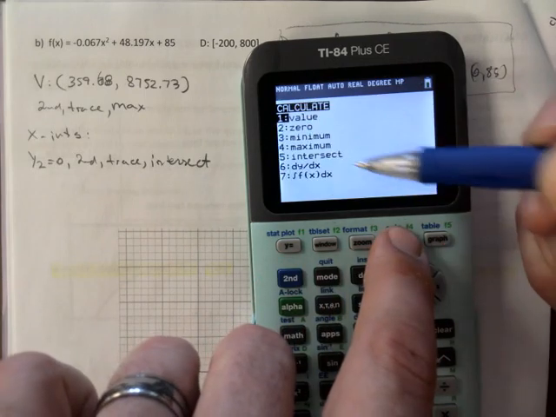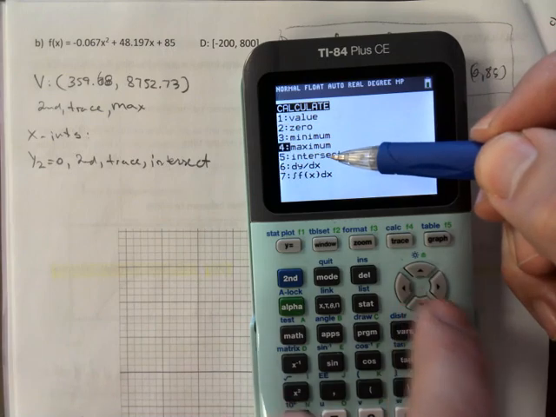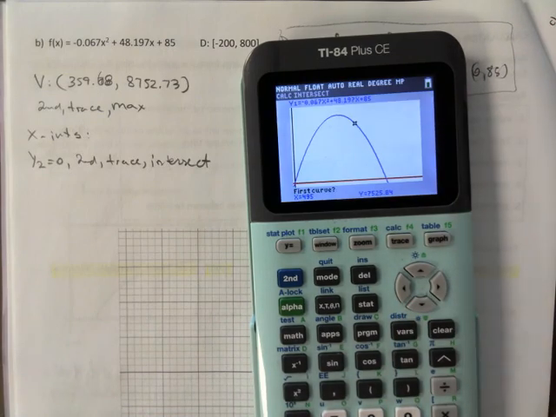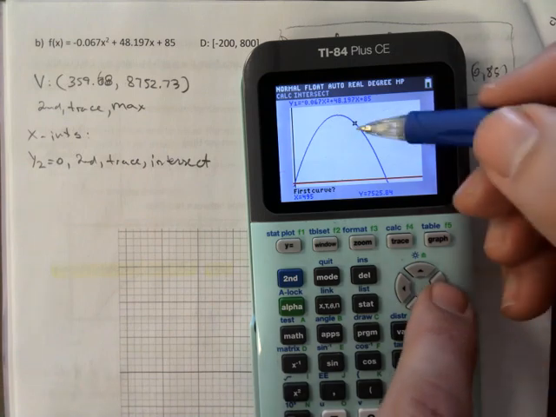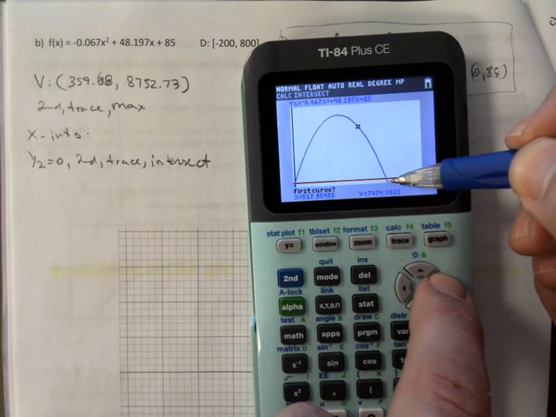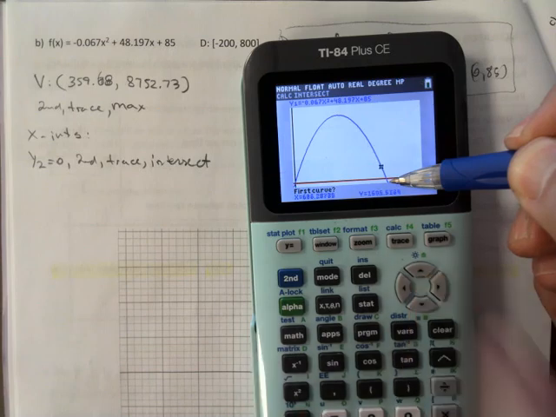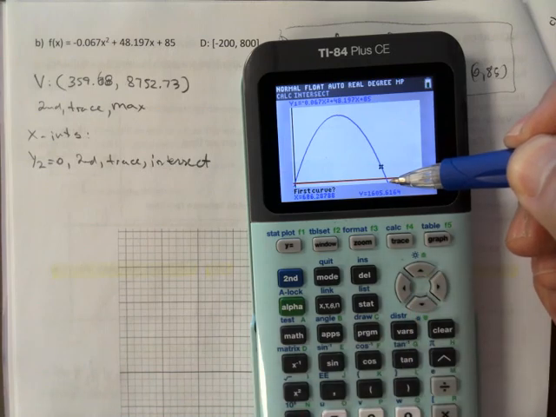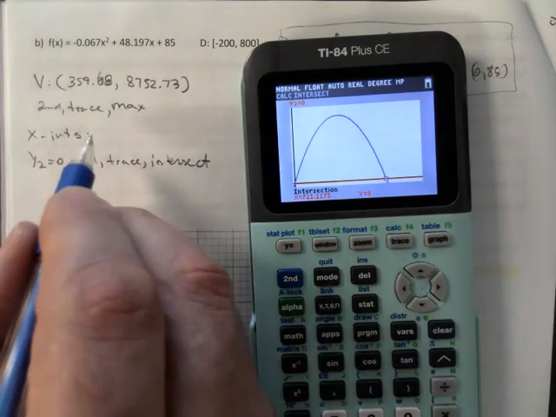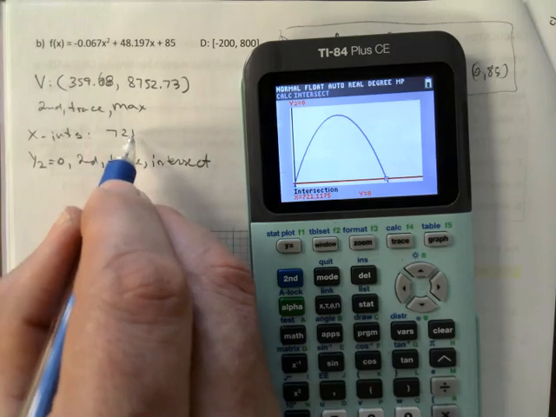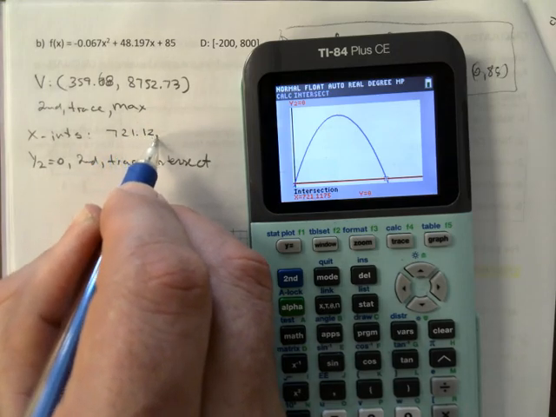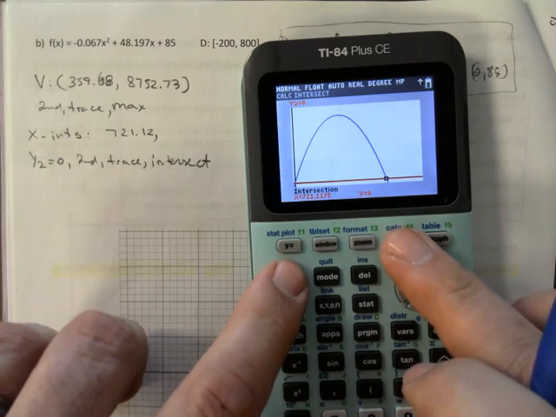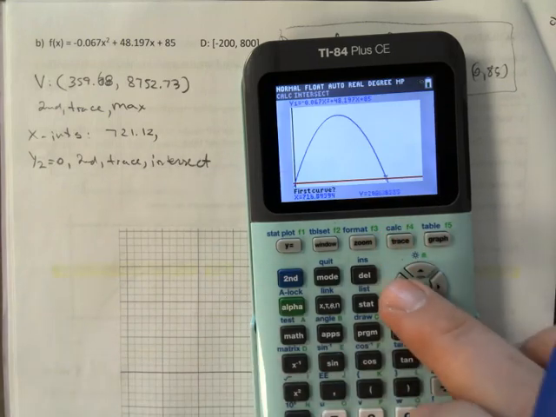Second, trace, intersect, or press 5. Oh, it's closer to this one, so just go arrow sideways and travel a little closer to it. That's good enough. And then hit enter 3 times. Does that ring a bell from last year? I hope so. 721.12. I do this one more time. Second trace 5.